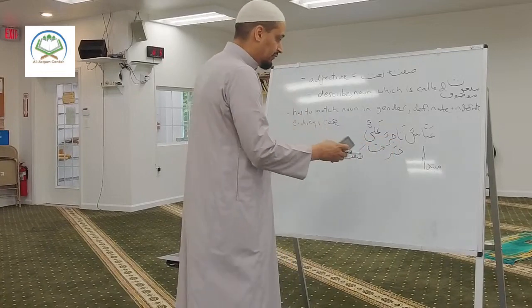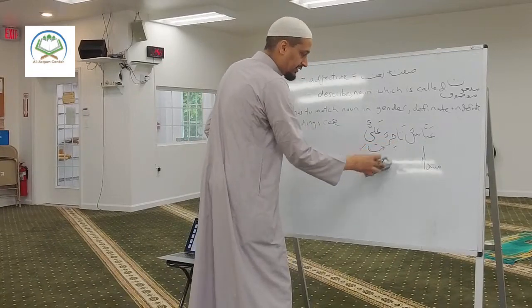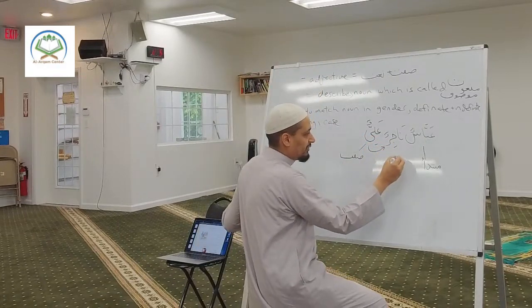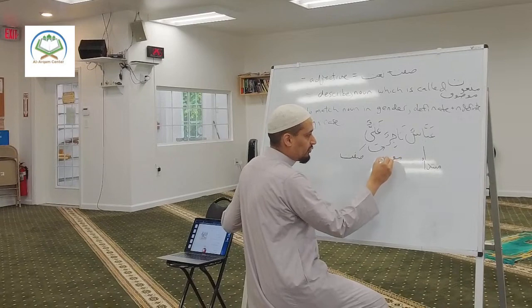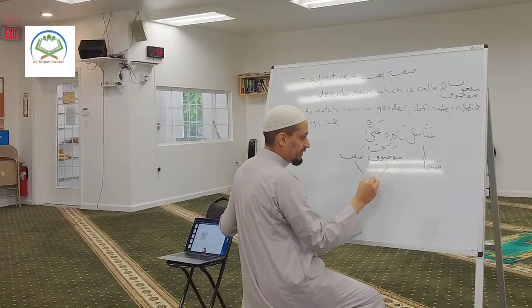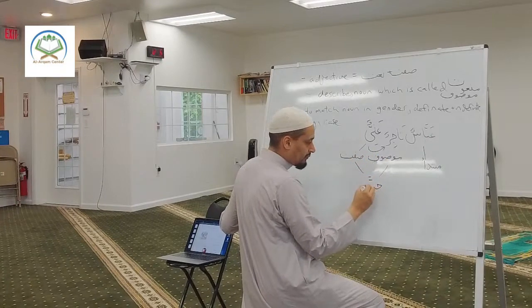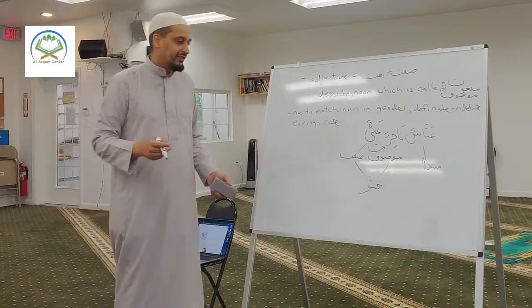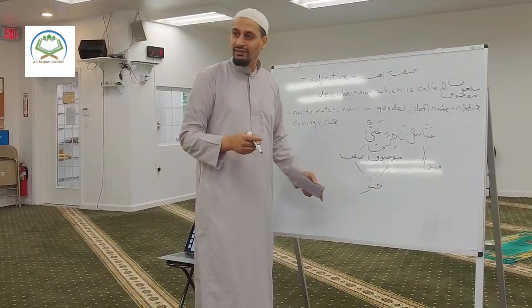So sifa of tajirun. Okay. So now if we want to break this sentence down even further, we say tajirun is being described. So mawsuf, this, and then this. So mawsuf sifa equals that khabar. You get it? That's how you break it down.